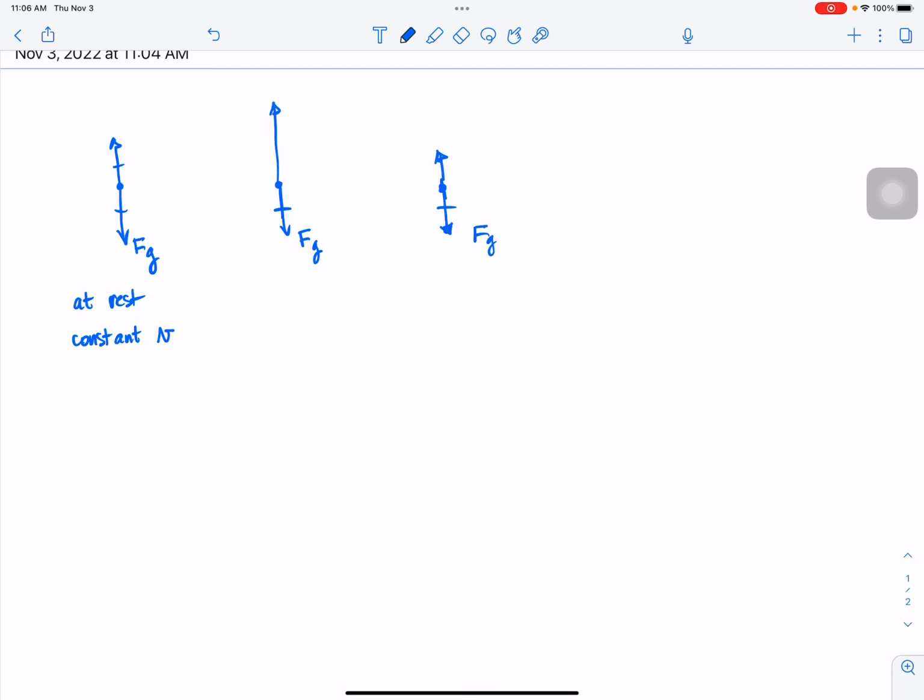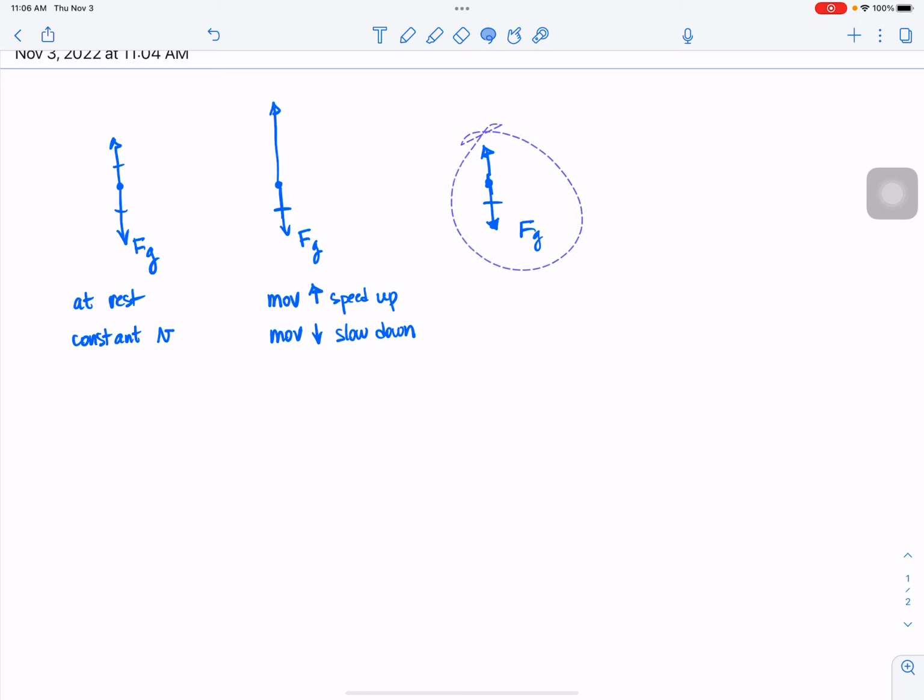In the middle, we were moving up and speeding up, or moving down and slowing down. And then the next one was, I'm just going to move it over. And many of you will probably want me to redraw this so it's not quite so ugly.